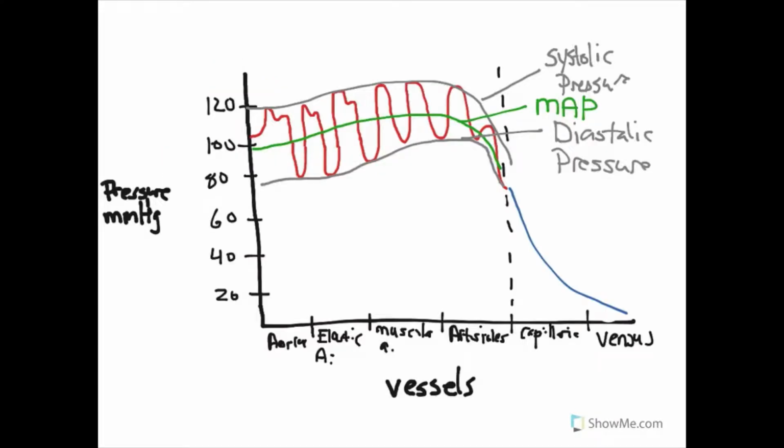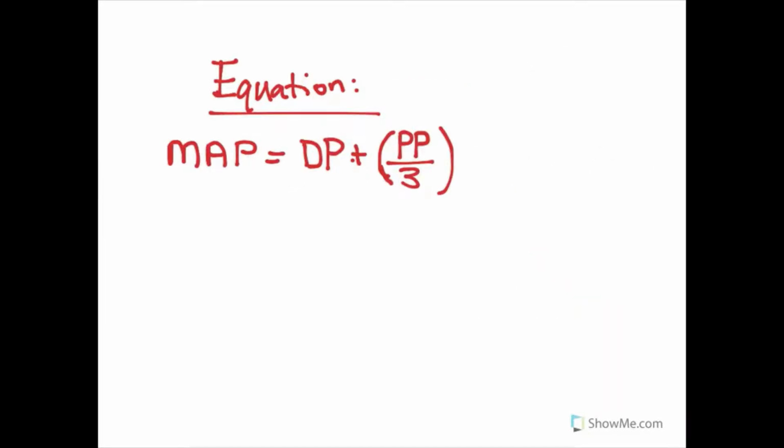Let me show you what a pulse pressure is. Pulse pressure is this space between the systolic and diastolic that we have here. It is the difference between the systolic pressure and the diastolic pressure. So pulse pressure is our systolic high pressure minus our diastolic low pressure.